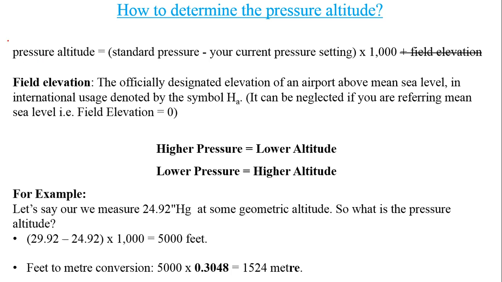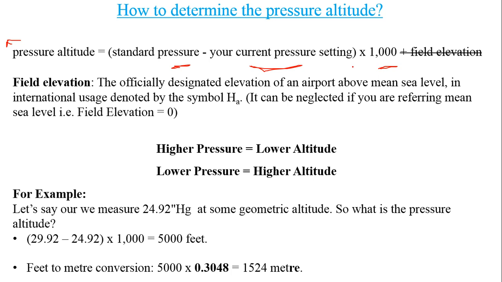So here is the formula for obtaining the pressure altitude without using the international standard atmosphere chart. Pressure altitude is equal to the difference of the standard pressure, which is at mean sea level, and your current pressure setting, or the pressure which we have obtained or read using some instrument, times 1000.